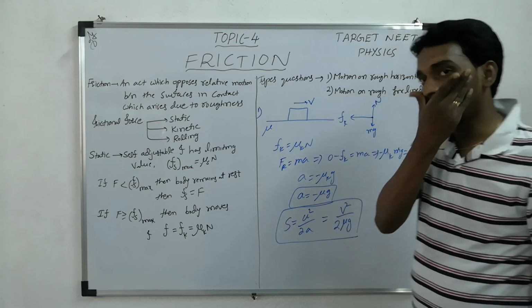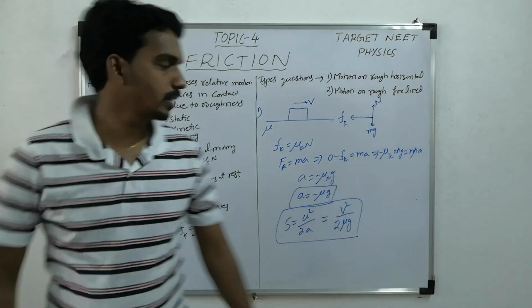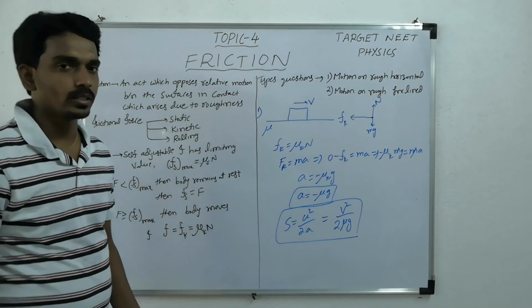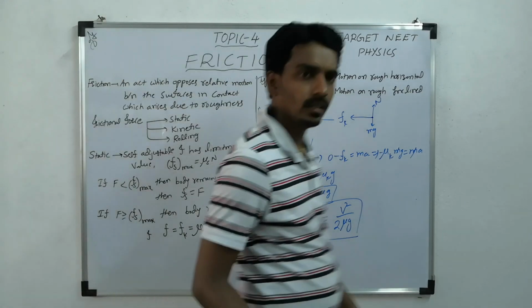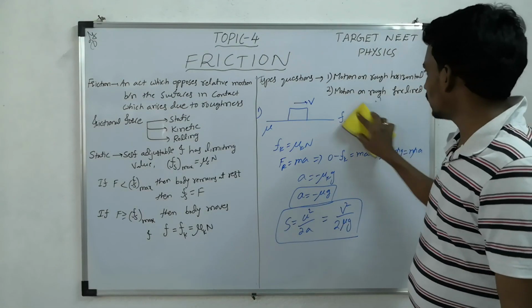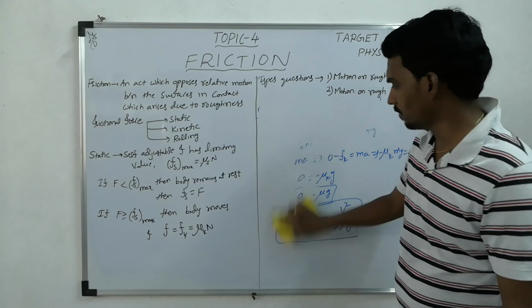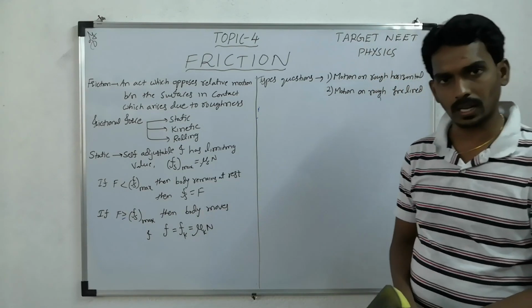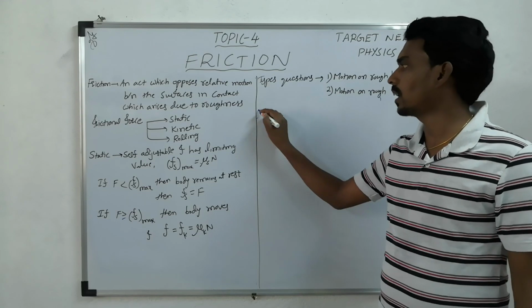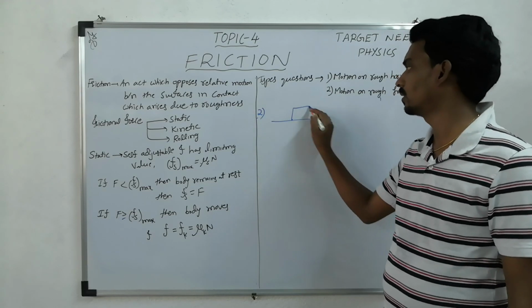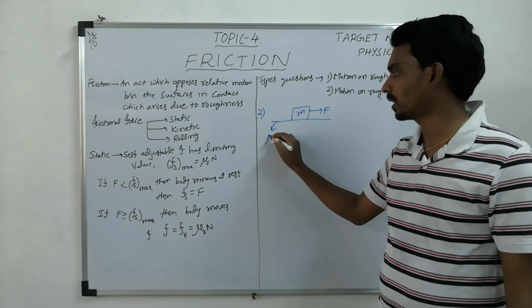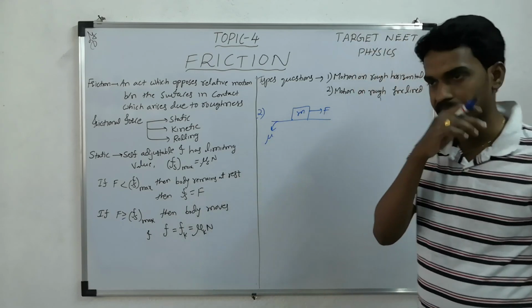This is one simple and important case based on friction, that too on a rough horizontal surface. And if you consider the same surface, same block, but don't just give velocity, now apply a horizontal force. The frictional coefficient is again mu.